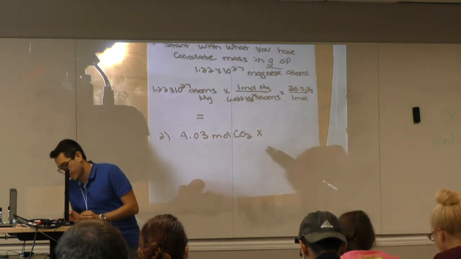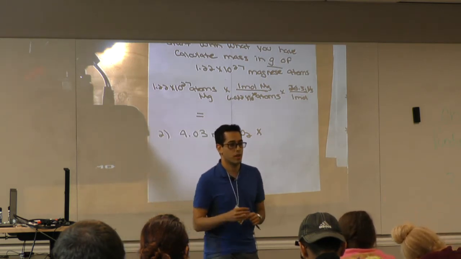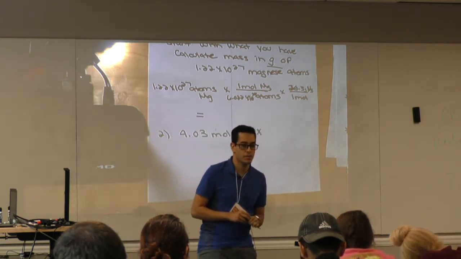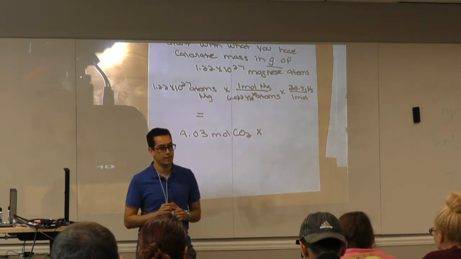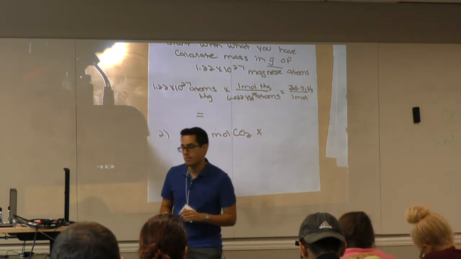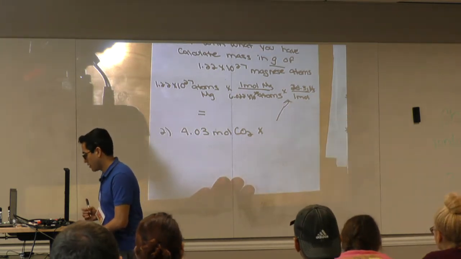Okay, so for moles, how can we go from moles to grams? We did it in the last problem, so exactly. You just do the mass over mole, and that's this unit conversion right over here.